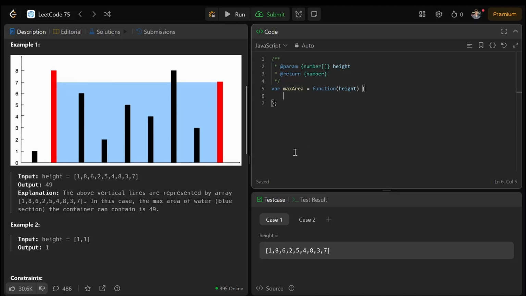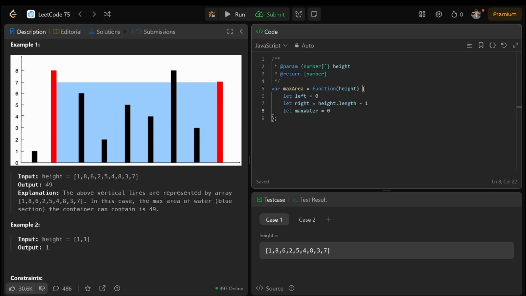So what we must do is define a left pointer to be 0 and a right pointer to be the last index of the given array. And then we're going to have a max water variable.